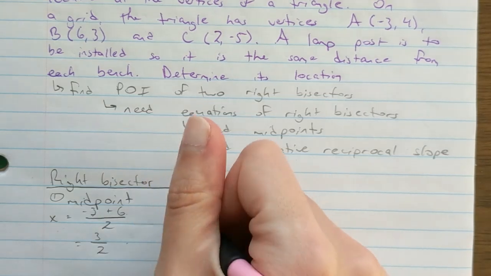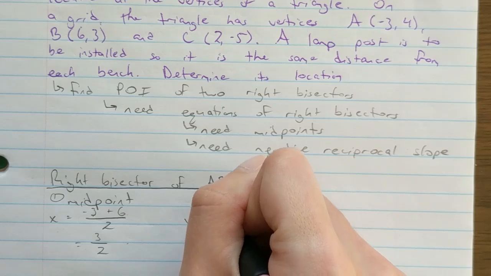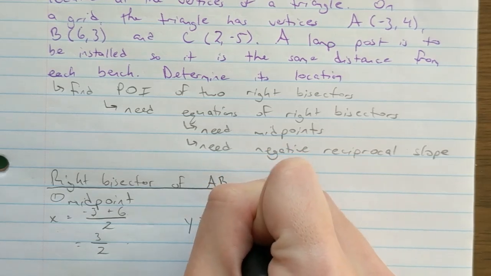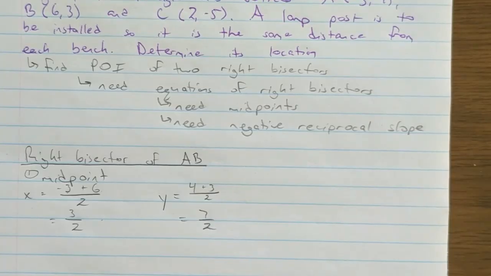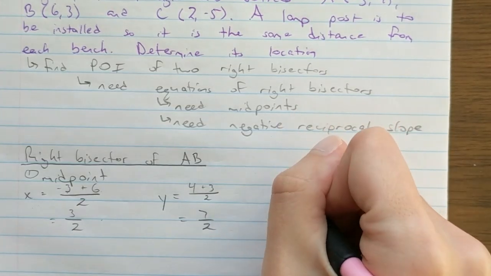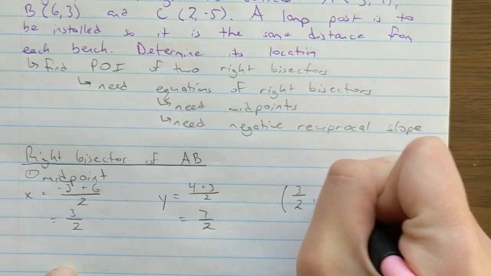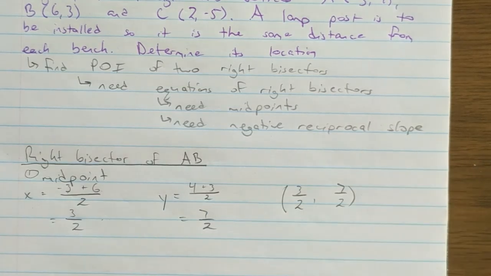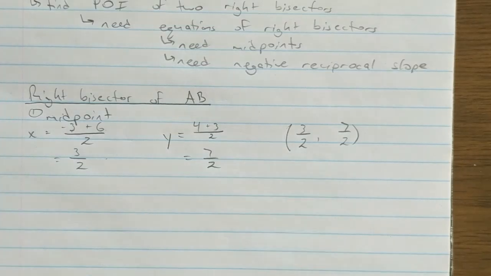I'm also going to find the y value of the midpoint, 4 plus 3 over 2, which is just 7 over 2. So I can say that my midpoint of side AB is located at 3 over 2, 7 over 2. That's the point that our right bisector needs to pass through.